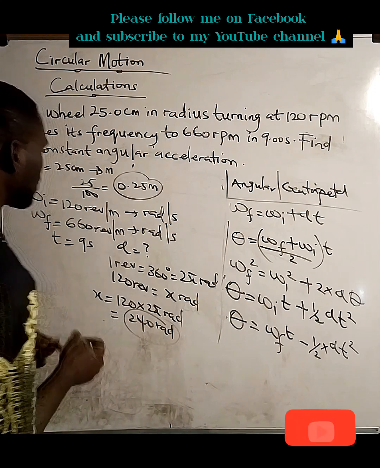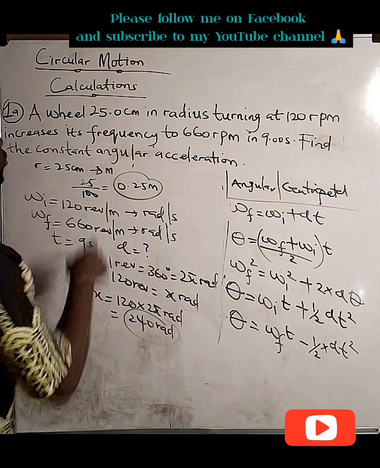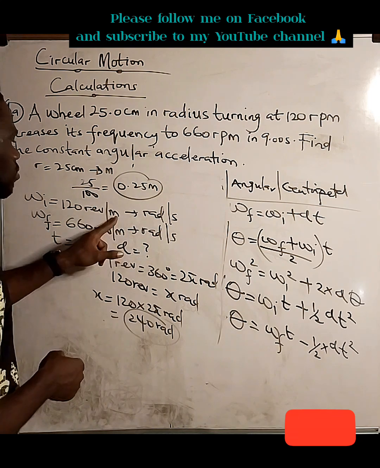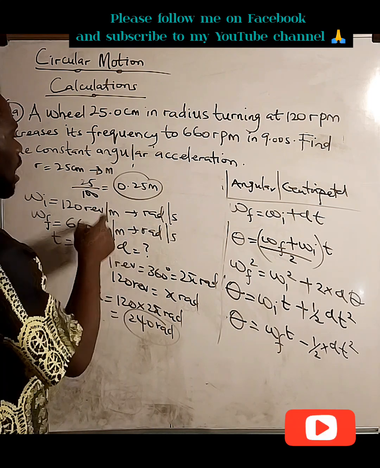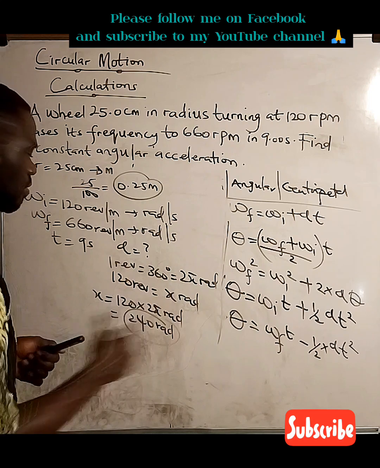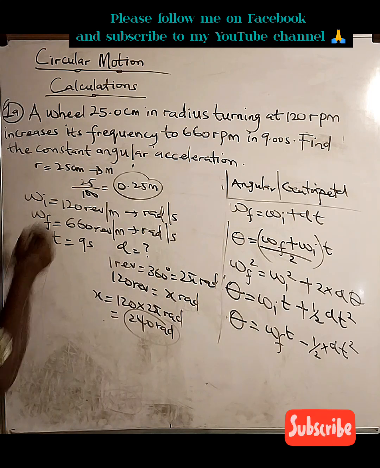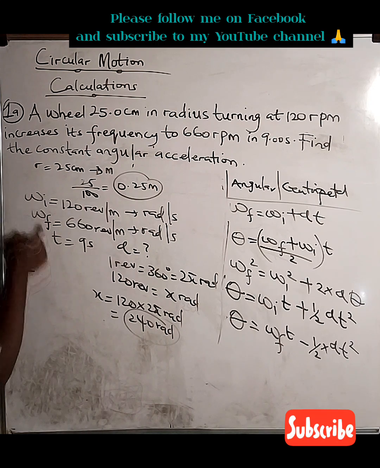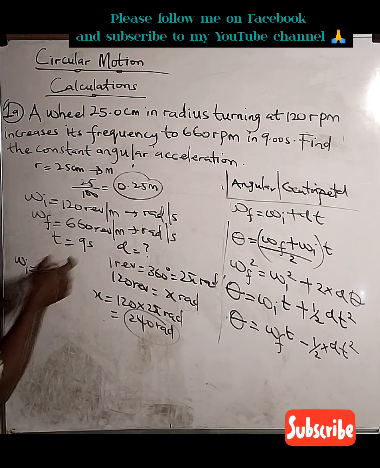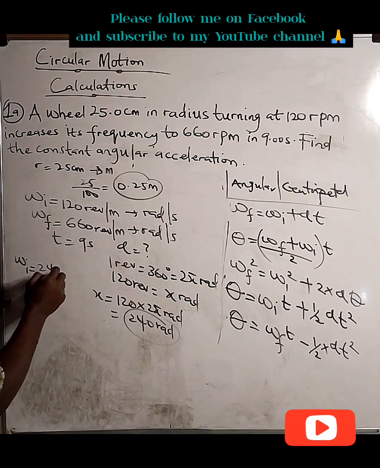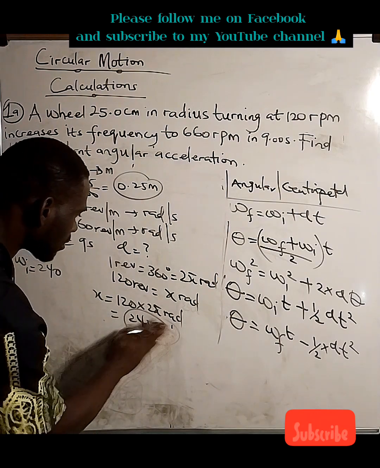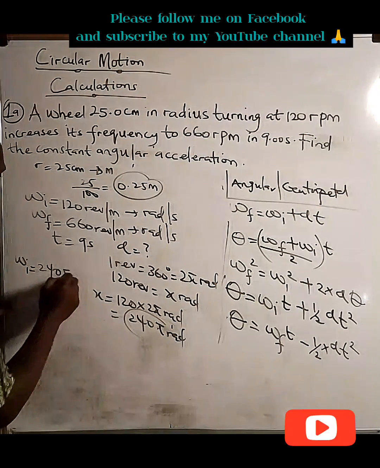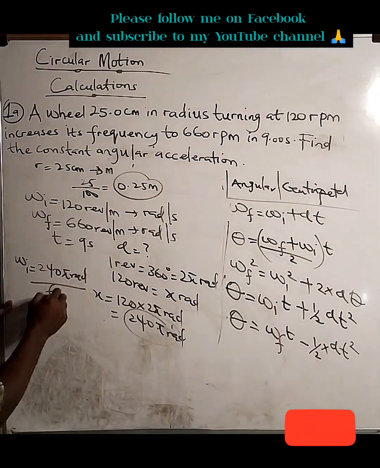So we're done converting that, and we have 240 pi rad. Now we're going to convert 1 minute to seconds. How many seconds do we have in 1 minute? 60 seconds make 1 minute. So the initial angular speed will be 240 pi rad over 60 seconds.